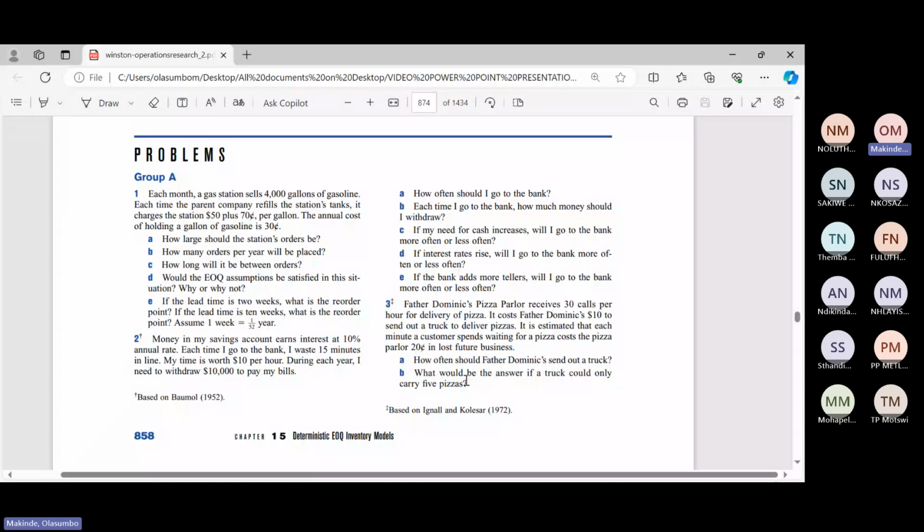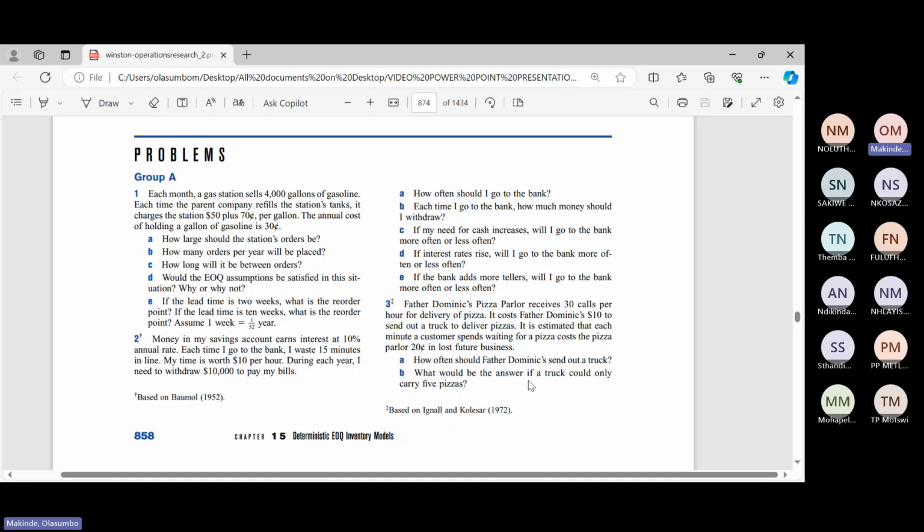They are asking you, because this is talking about the EOQ, if EOQ was 5, how often should Father Dominic send out trucks?